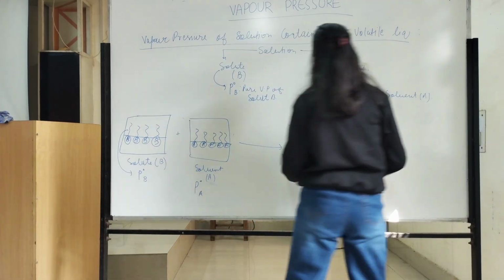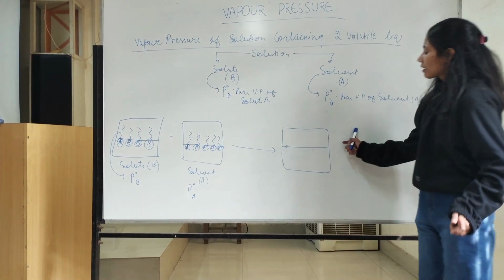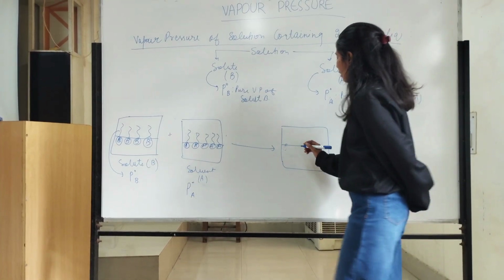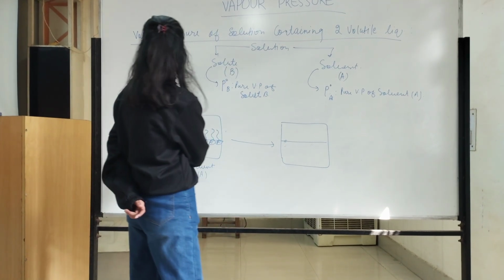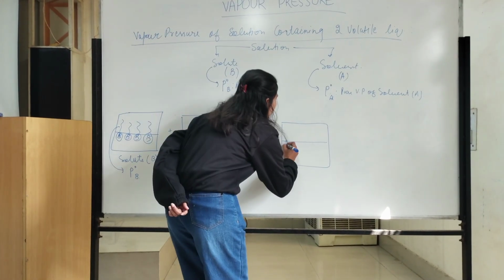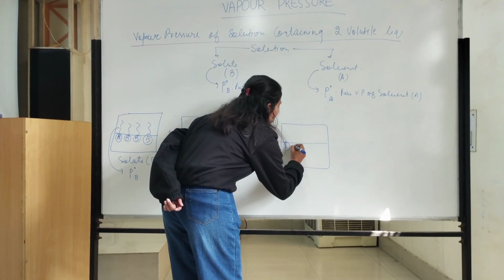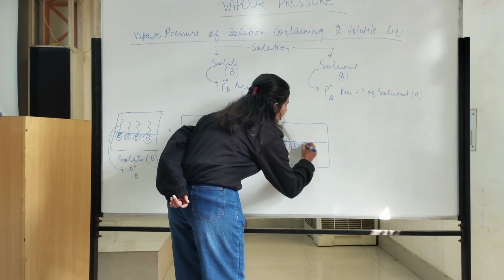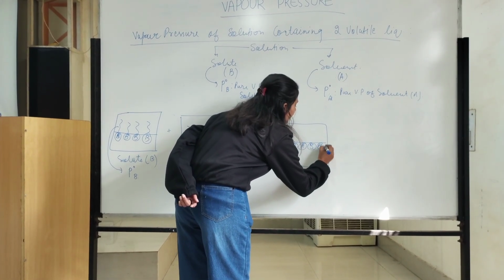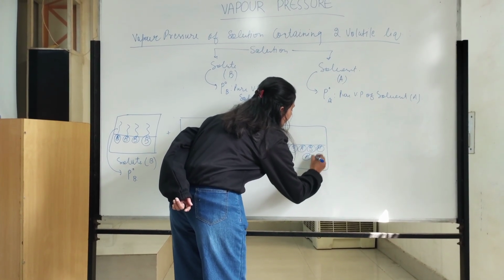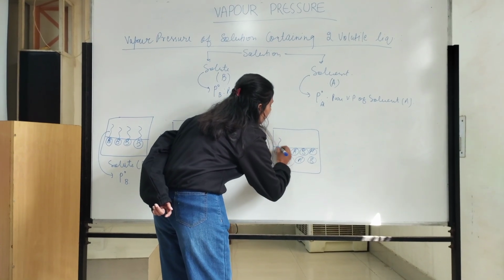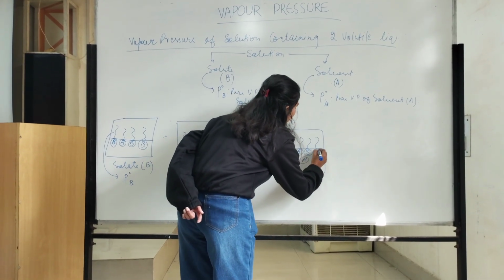Now to find the vapor pressure of the solution. In the solution container we have both types of particles, solute as well as solvent. So on the surface also we have both types of particles. How do we find the vapor pressure of these solution particles?